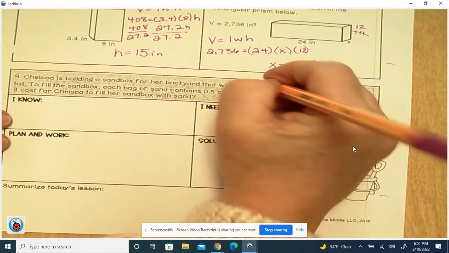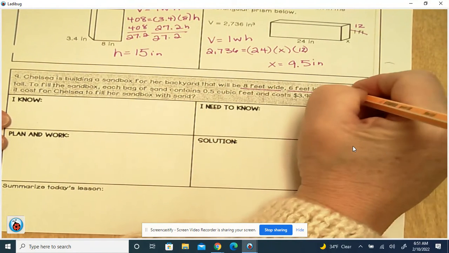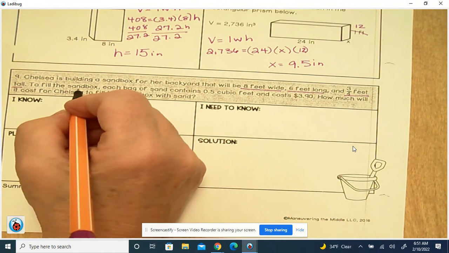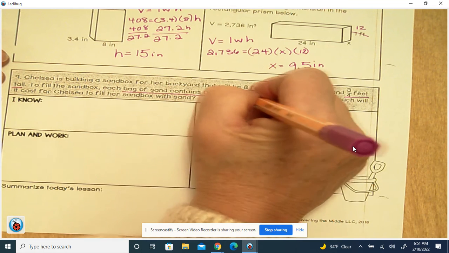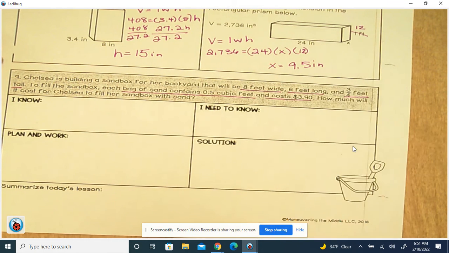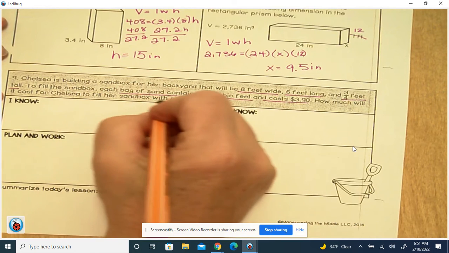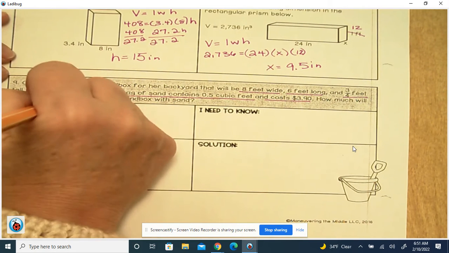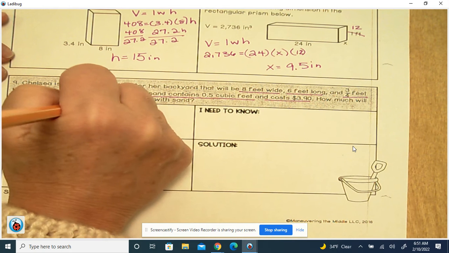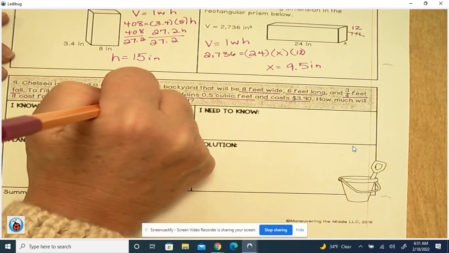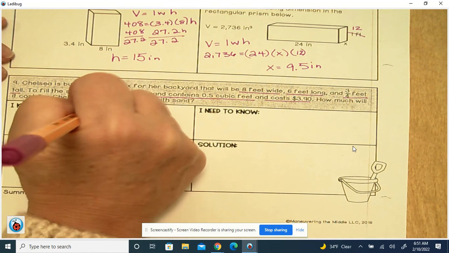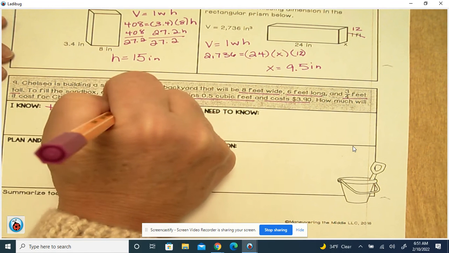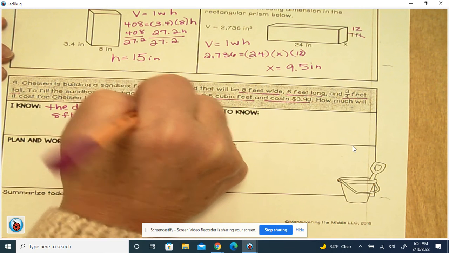All right. Chelsea's building a sandbox for her backyard that will be 8 feet wide, 6 feet long, and 3/4 feet tall. To fill the sandbox, each bag of sand contains 0.5 cubic feet and costs $3.90. How much will it cost for Chelsea to fill up her sandbox with sand? So what we do know is the dimensions. And that is 8 feet by 6 feet by 3/4 feet.